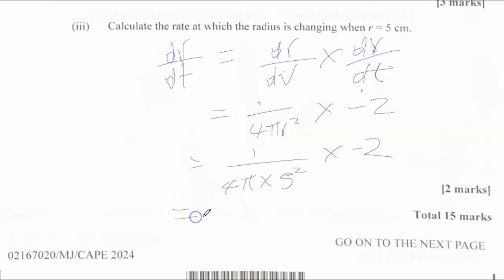We can simplify this a little bit. 2 into itself is 1, 2 into 4 is 2, and 5 squared is 25. So in the denominator we have 25 times 2, that's 50 pi, and 1 times negative 1, so negative 1 over 50 pi. And the unit is centimeters per second.